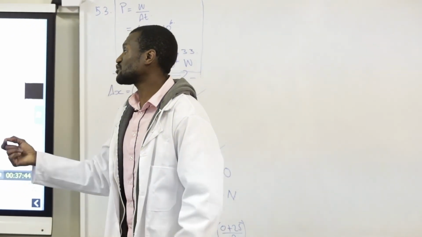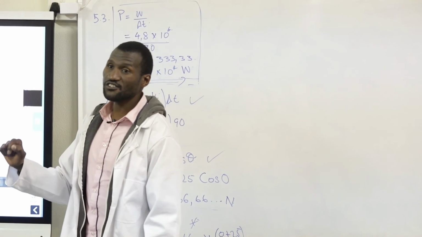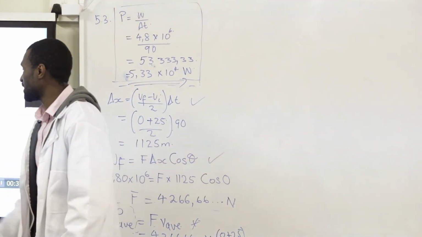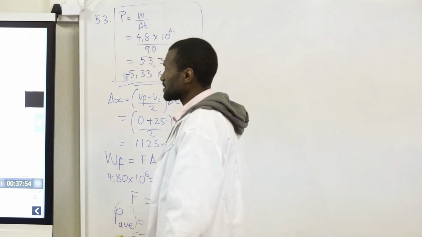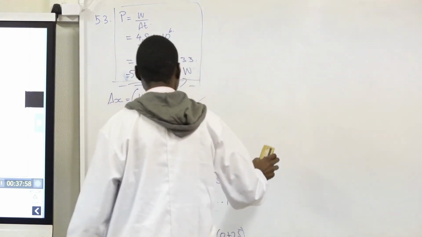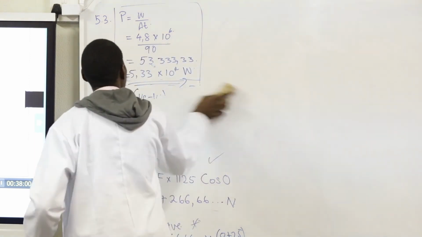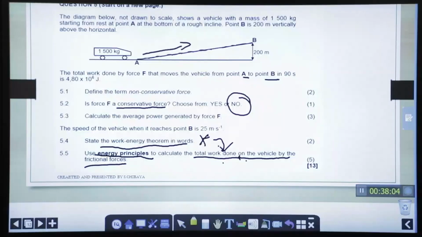So I am so sure, even before I read the next question, that the next question is going to ask me to use the work energy theorem to calculate the answer for the next question. All right, let's look at it and answer it together quickly.